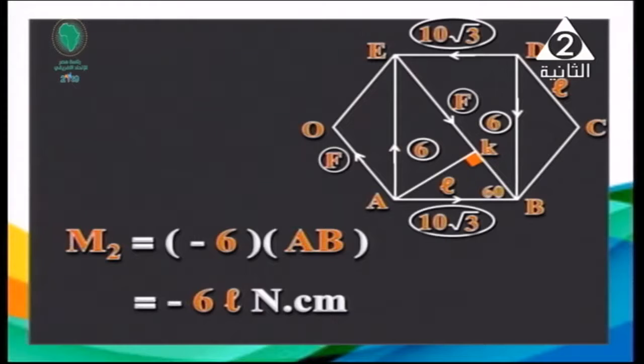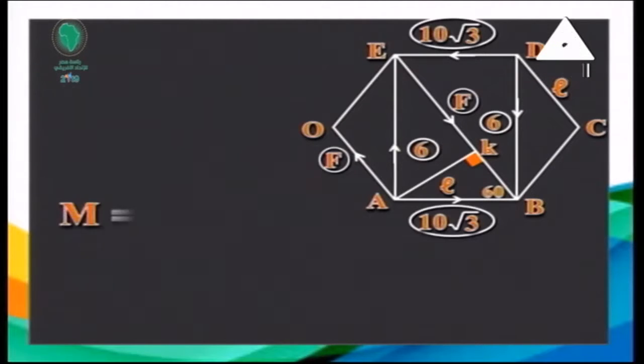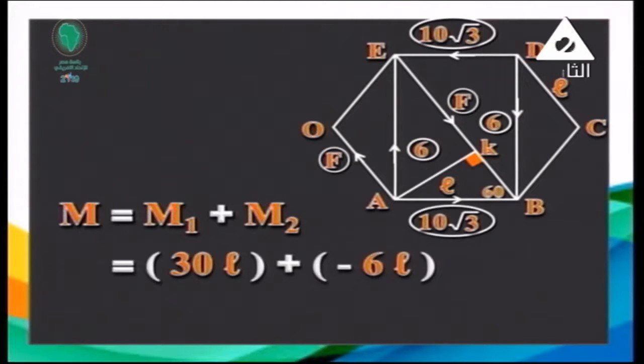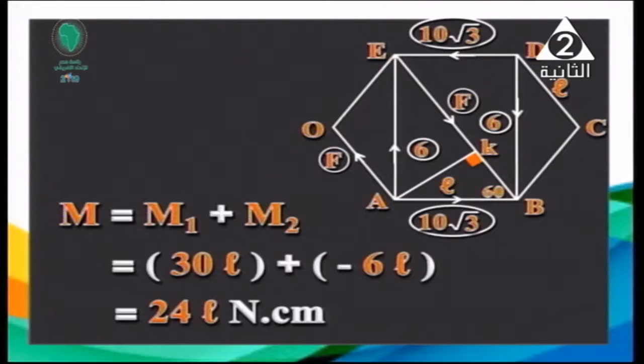Therefore, M2, the magnitude of the second couple, is negative 6L Newton centimeter. Then, adding moment 1 of the first couple plus the second couple, the magnitude equals 24 L Newton centimeter.